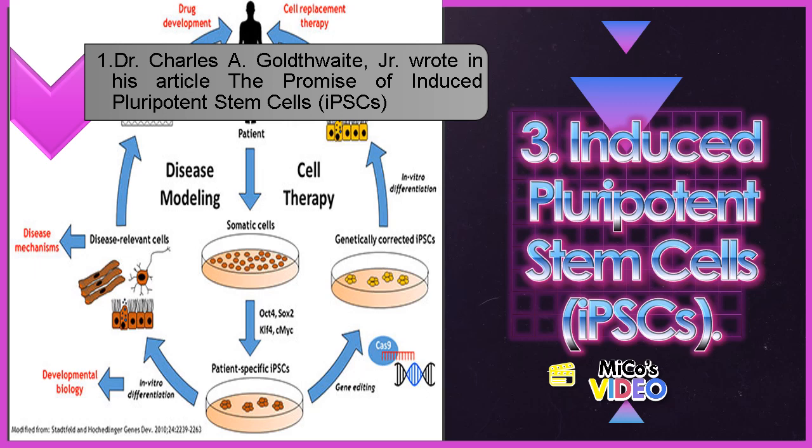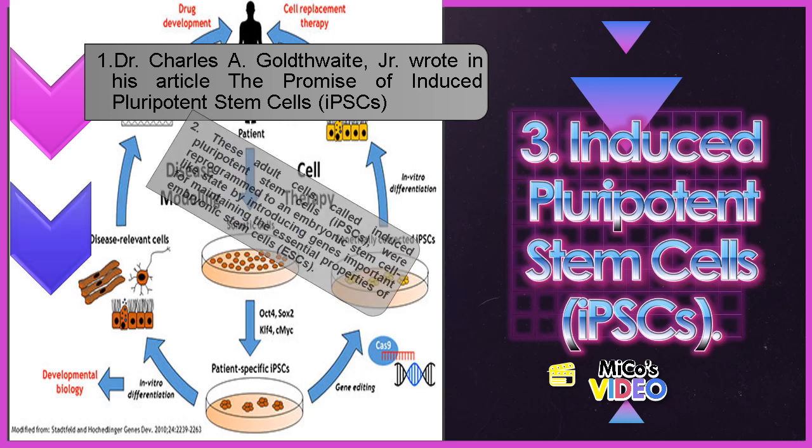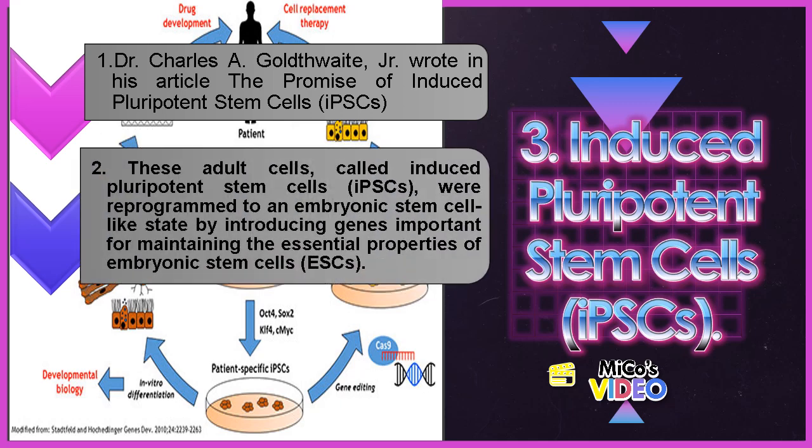These adult cells, called induced pluripotent stem cells, are programmed to an embryonic stem cell-like state by introducing genes important for maintaining the essential properties of embryonic stem cells.